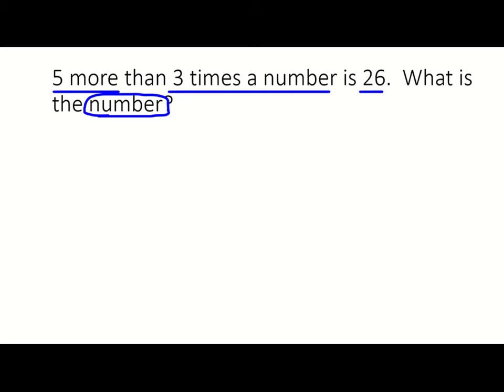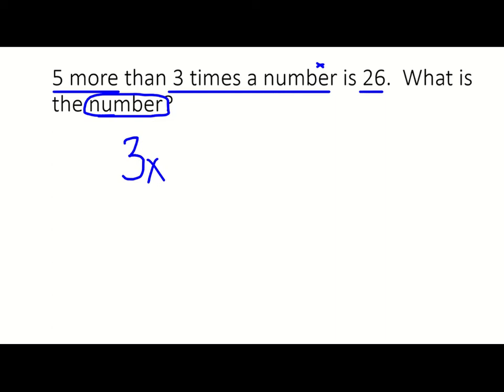So it's very important when you do word problems that you think about what exactly this is saying. So 5 more than 3 times some number. Again, when they don't give me a variable for the number, I can use any letter I want. And I like to use x. So I have 5 more than 3 times a number. So 3 times a number would be 3x. 3 times x.